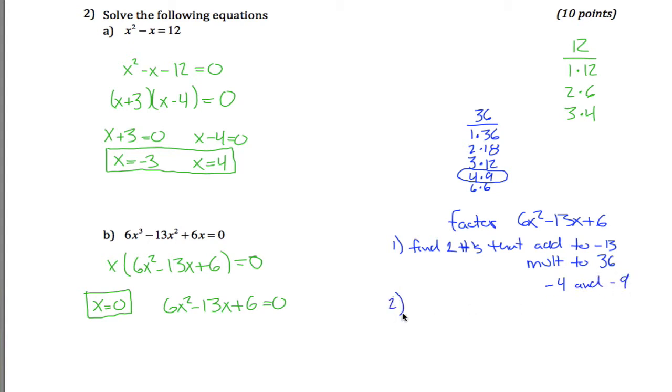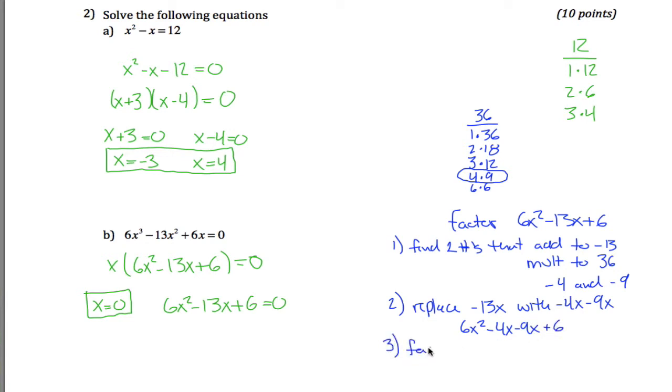And then step 2 is to replace our linear term, negative 13x, with negative 4x minus 9x. So what I'm saying is rewrite our equation. Instead of 6x squared minus 13x, we got 6x squared minus 4x minus 9x plus 6.